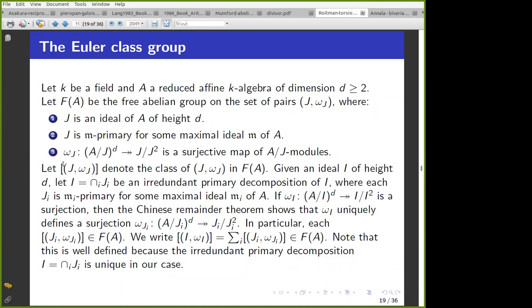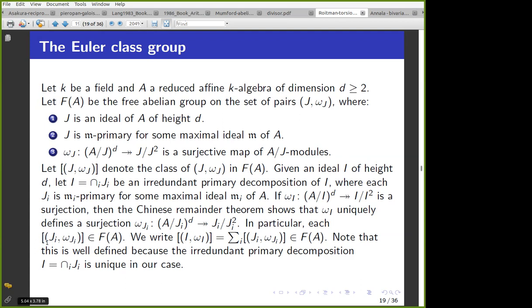Let (J, omega J) also denote the class of this in F of A. Now given an ideal I of height d, you can write I as the intersection of its irredundant primary decomposition, where each Gi is Mi-primary for some maximal ideal Mi of A. If omega I from (A/I)^d to I/I^2 is a surjection, then the Chinese remainder theorem tells you that it uniquely defines a surjection for every (A/Gi)^d to Gi/Gi^2.